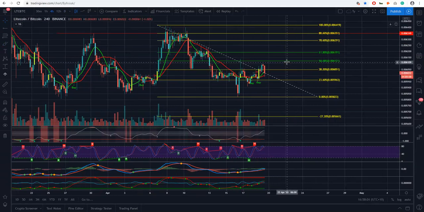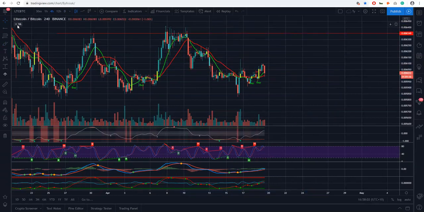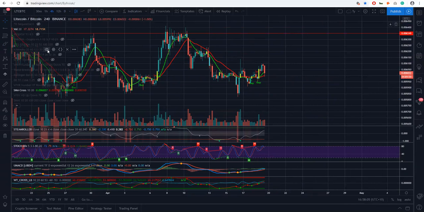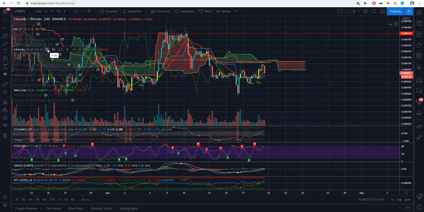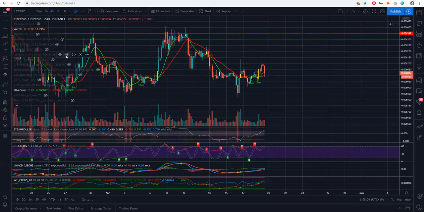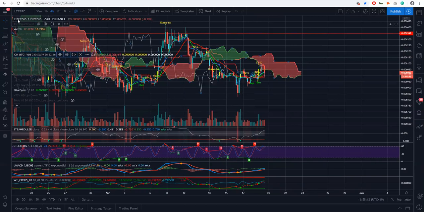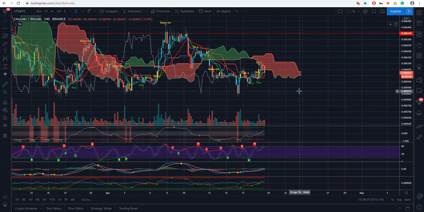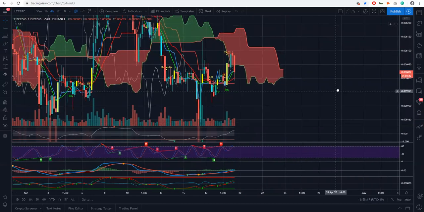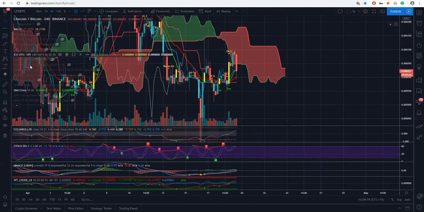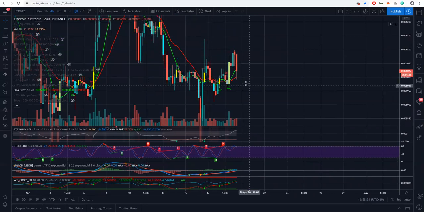What is my Fibonacci telling me? What is my Ichimoku telling me, whether it be crypto Ichimoku? We'll use standard Ichimoku for this because that's our bread and butter. So if we get rid of our Ichimoku for a second, we've got a buy signal here.